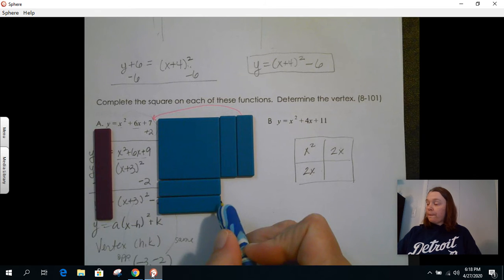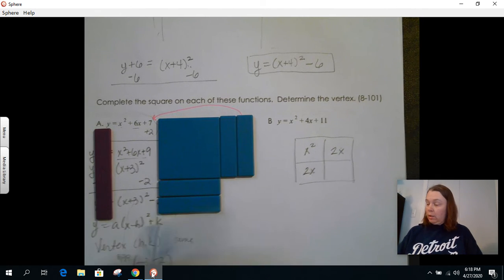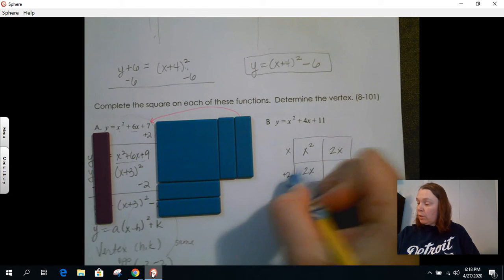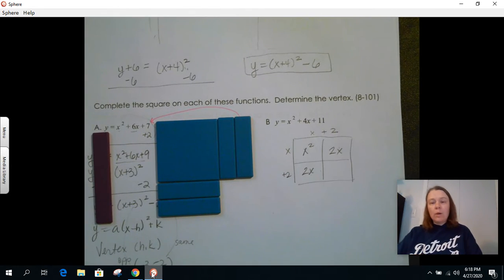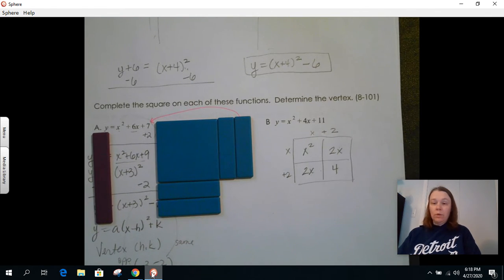And then what would I have to have here to complete this square? Okay, so again, if you were doing this, you would say, okay, this is x plus 2 and this is x plus 2. And now you would think, okay, well, what would this have to be here? I would need this to be 4.